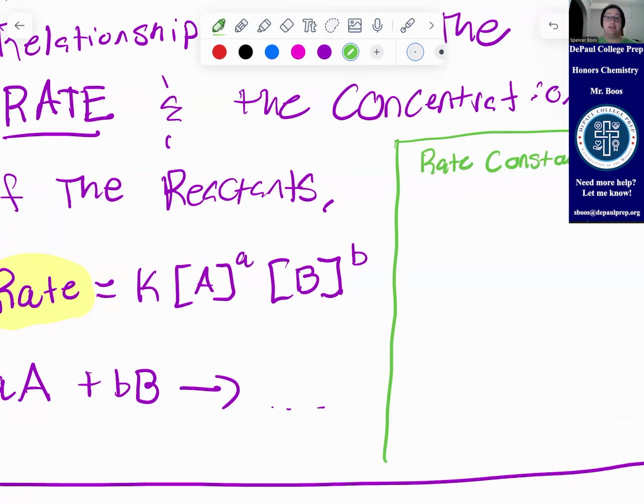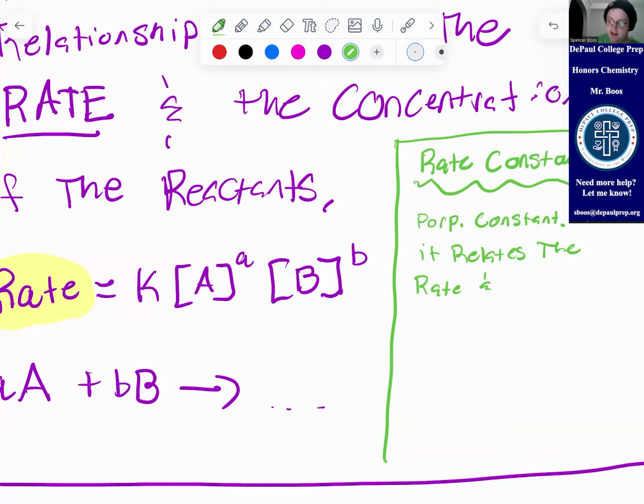Essentially, it's a proportionality constant. In other words, it relates the rate and the reactants.